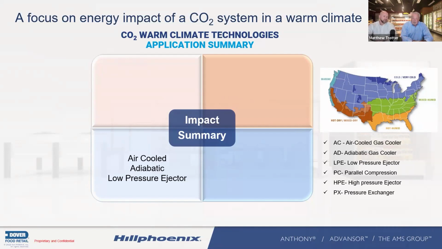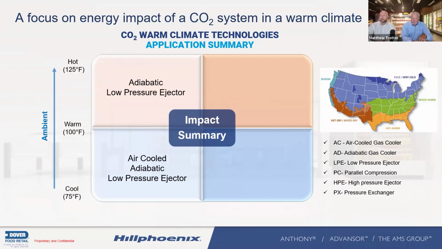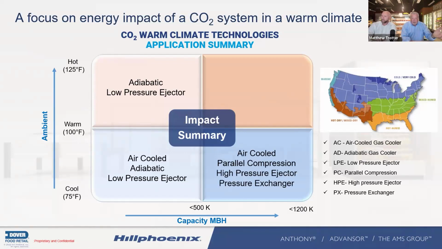But we know as the temperature increases from cool to warm to even a hot climate, we need to change the way we look at things. Maybe that's adiabatic or a low pressure ejector. And as we mentioned, as the capacities increase, that also changes your business decision on what is the right application. Then do we look at air cooled?